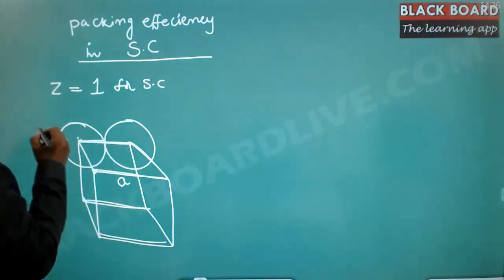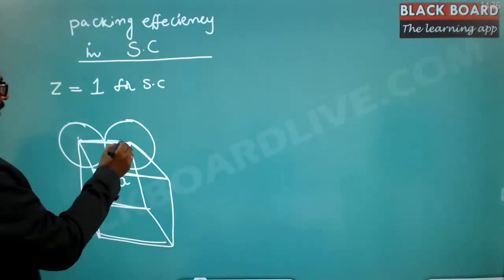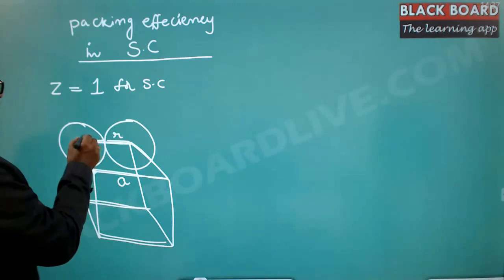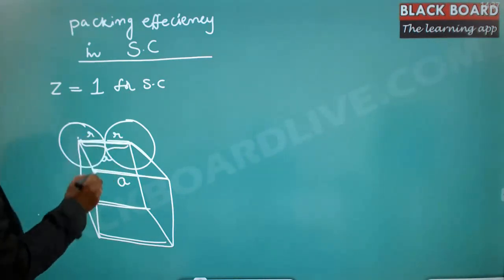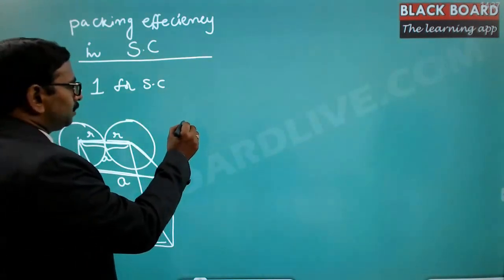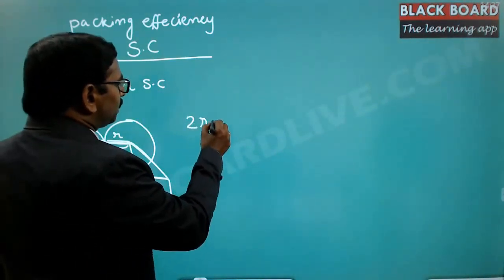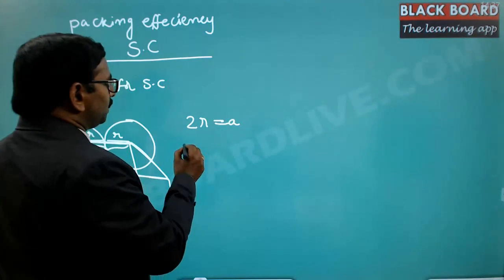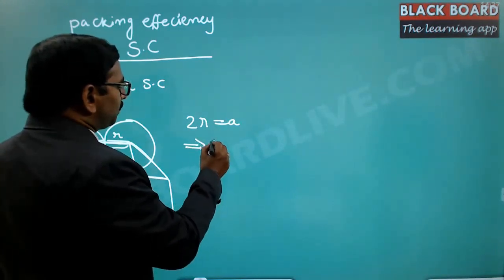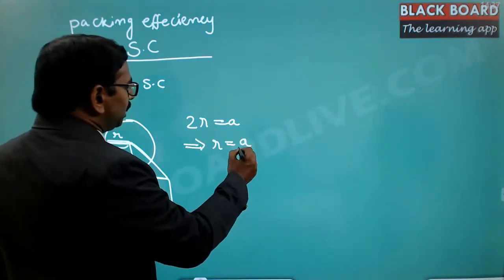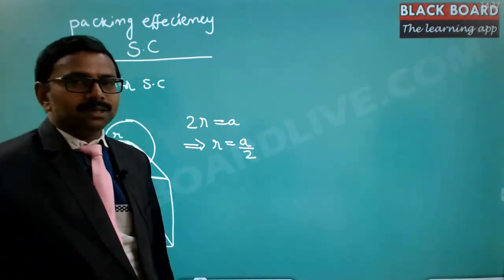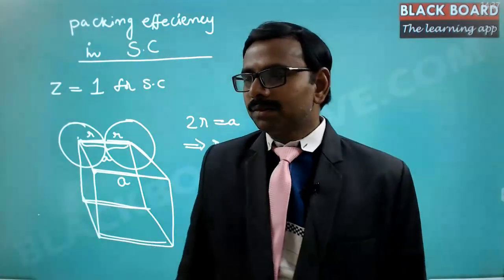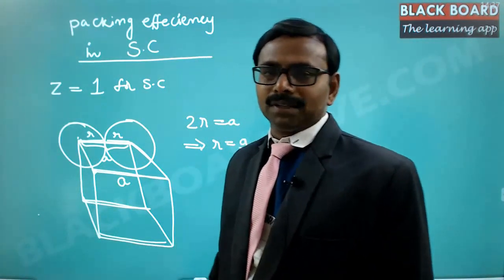If this is the radius of first atom, this is the radius of second atom, R. Total length is equal to A. So that 2R is equal to A in simple cube. This implies radius of simple cube atom R is equal to A by 2. R is equal to A by 2, Z is equal to 1.